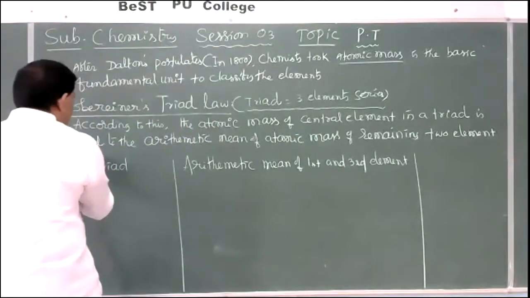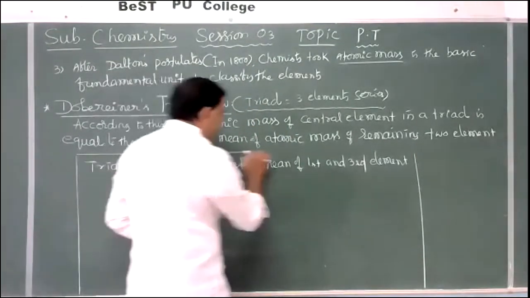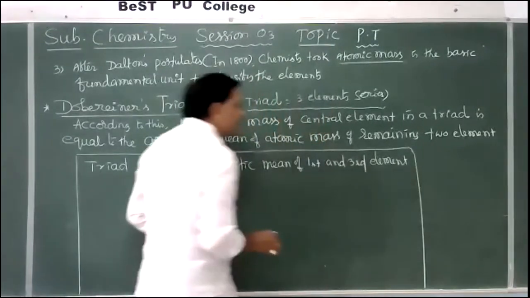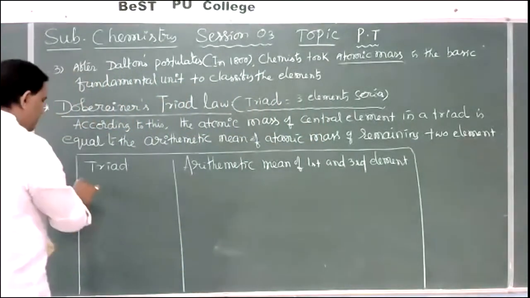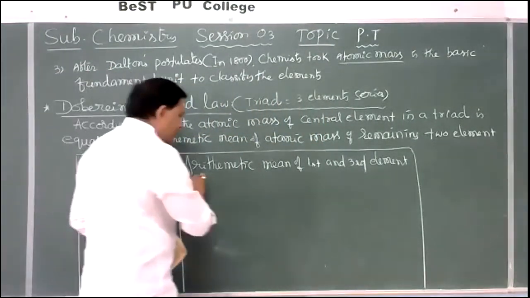So this is one important table to explain this important law, Dobereiner's triads law.